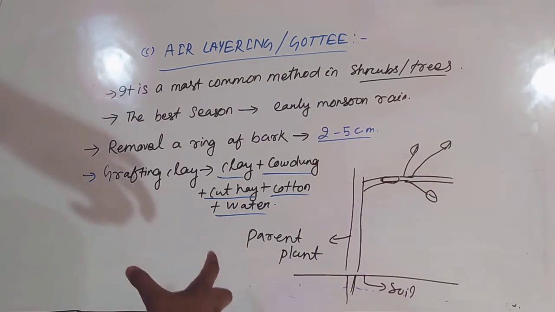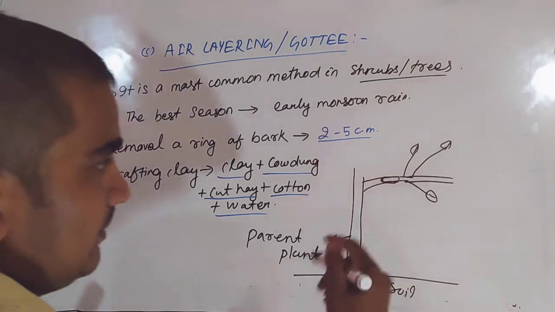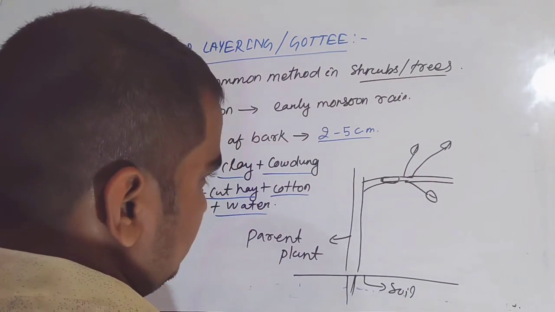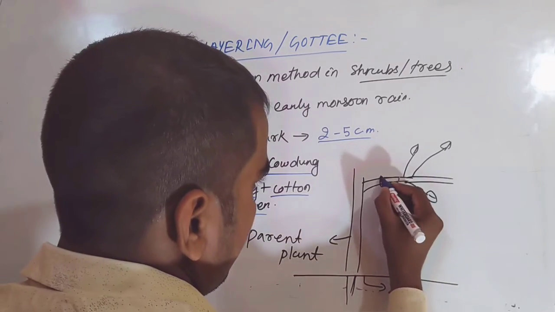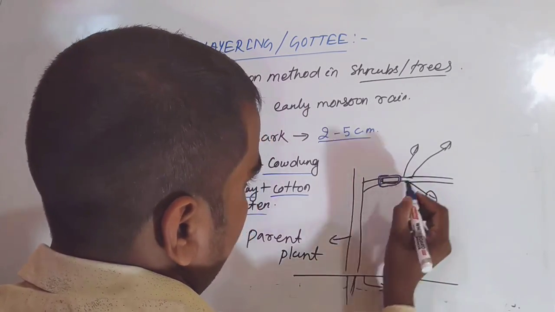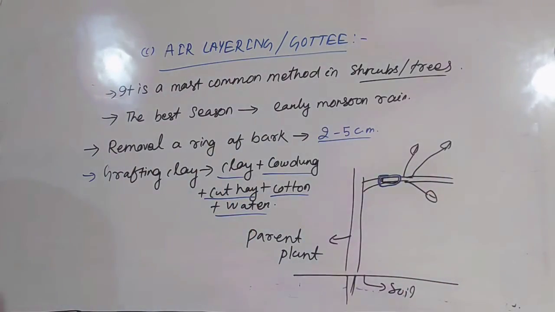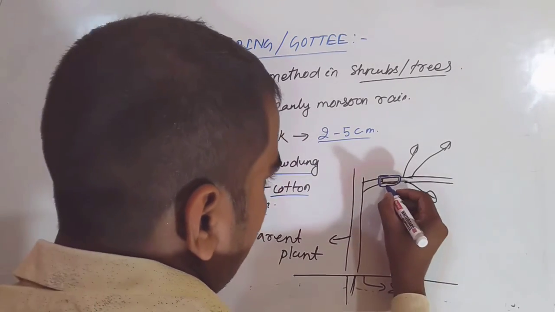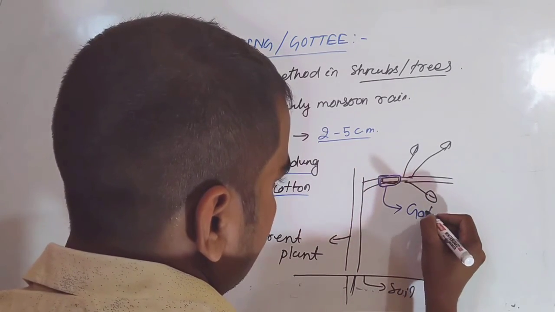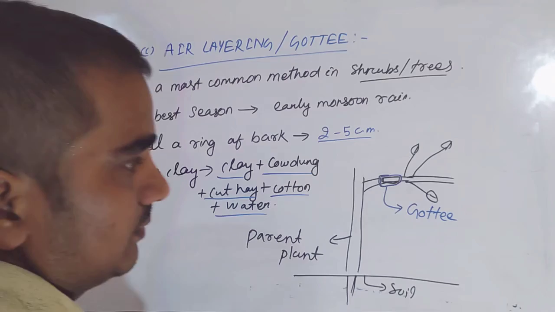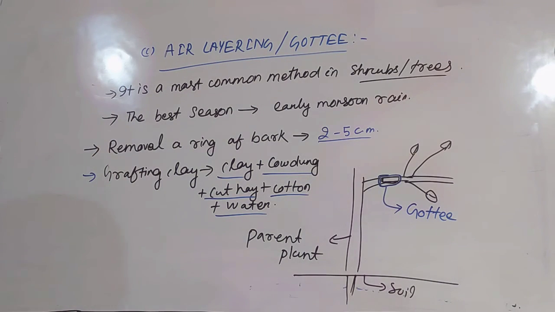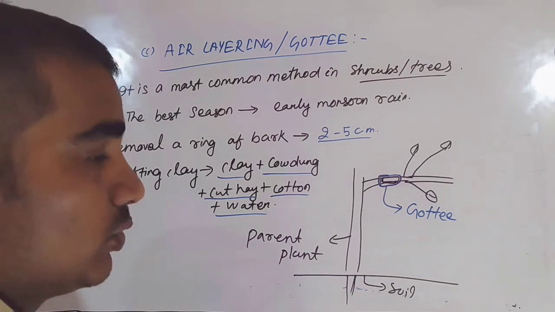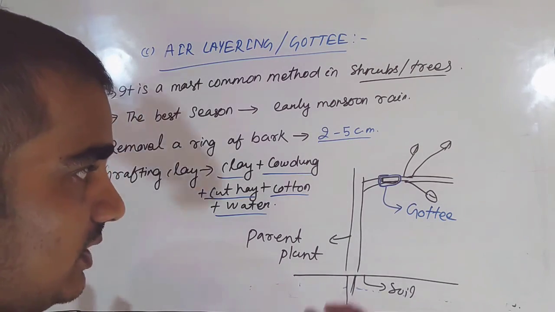And this grafting clay is wrapped by a polythene. Suppose this is wrapped with a polythene. Now this is the polythene, and remember this wrapped portion is known as the booty. And another thing, in grafting clay sometimes a rooting hormone is added for rooting.